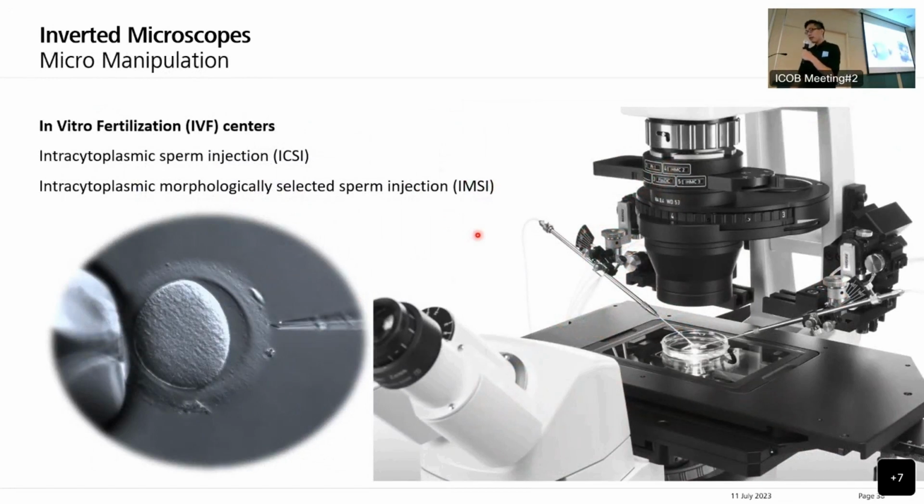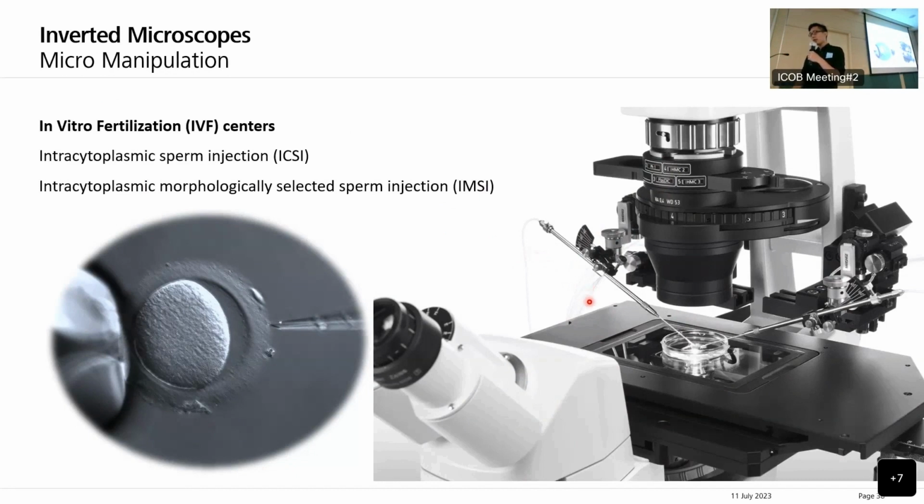Besides, the inverted microscope also has other benefits. If you want to do IVF, in vitro fertilization, for this kind of application we want to apply machine arms to do some fine work.